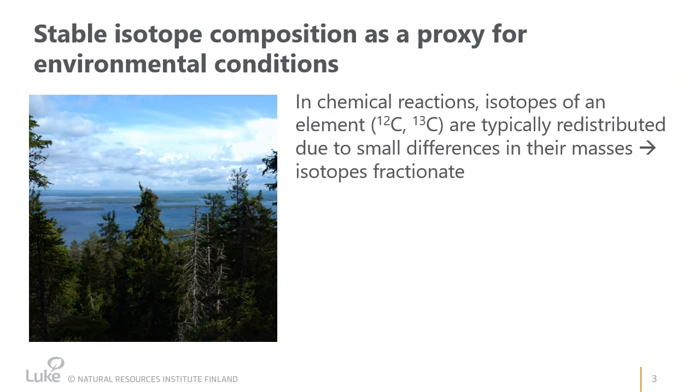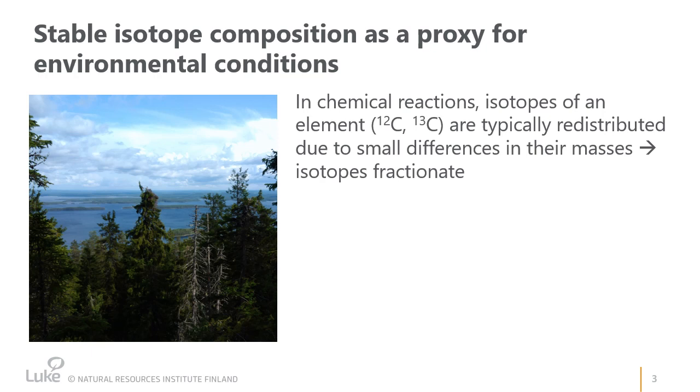Now, before I talk more about the analytical method and the instrument, I'll say a few words on how we use stable isotope composition in tree-ring research. Like all stable isotope applications, we take advantage of the systematic way the isotopes of some specific elements behave in nature.